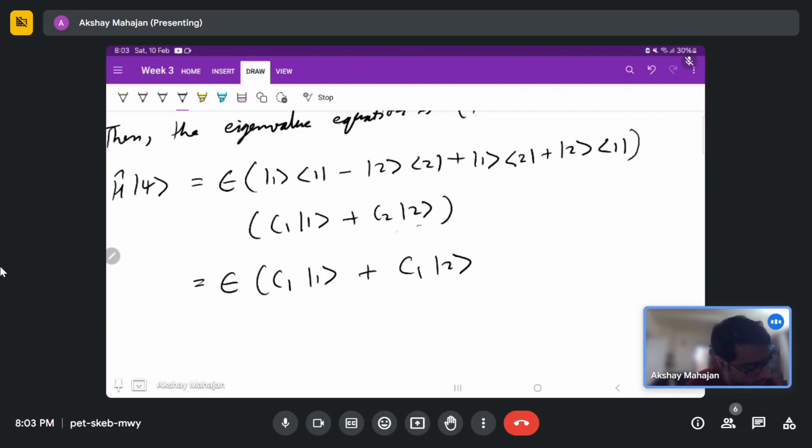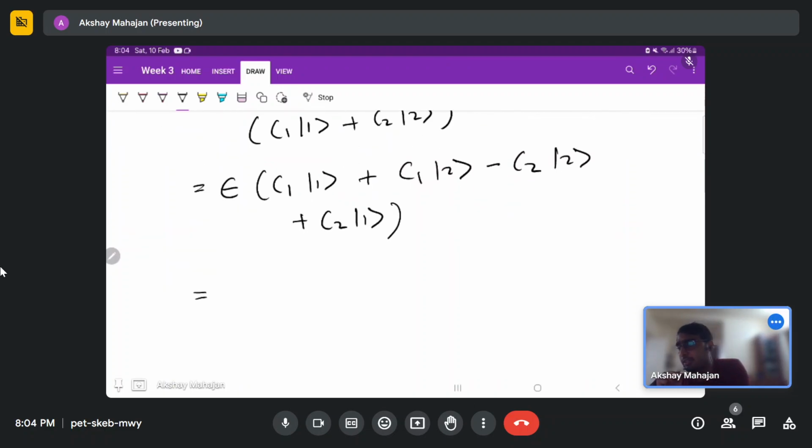Same thing, bra 2 and ket 2 will give you 1, so you will get minus C2 times ket of 2, since there is a minus sign here. And then bra 2 and ket 2 will give you 1, so you have plus C2 times ket 1, and bra 1 and ket 2 will give you a 0. So you will have this thing.